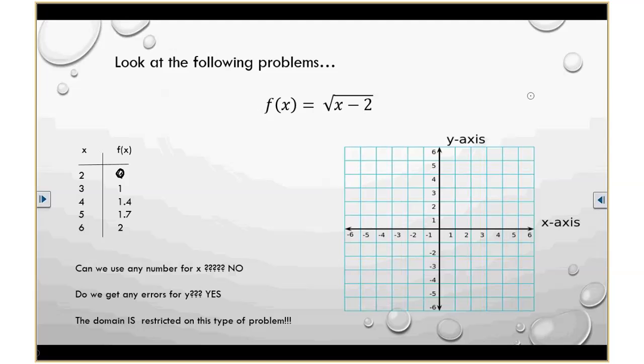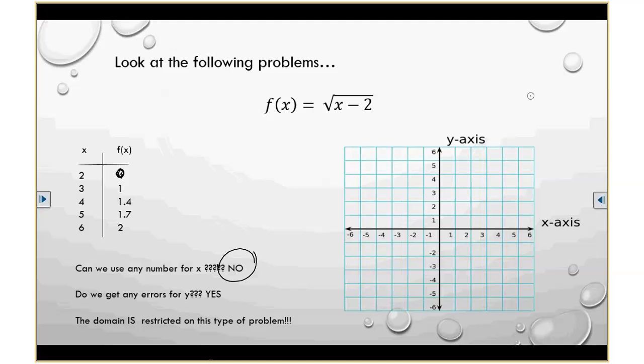Okay, so this function, can you put any number in this function? No. What numbers can you not put in this function? Good, so that means the domain is from 2 to what? Yes.